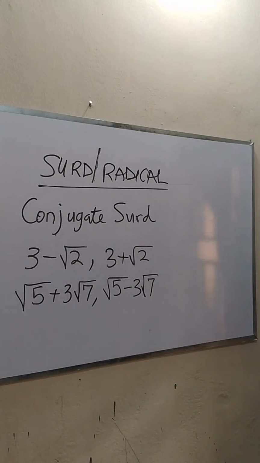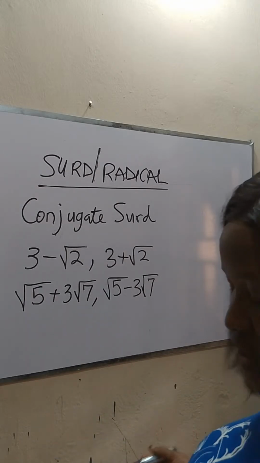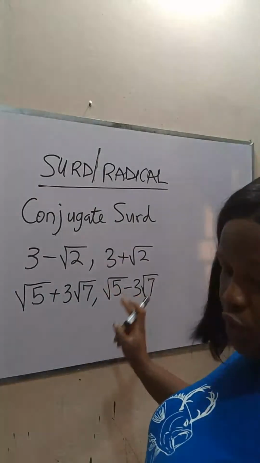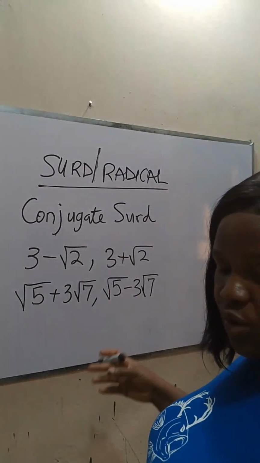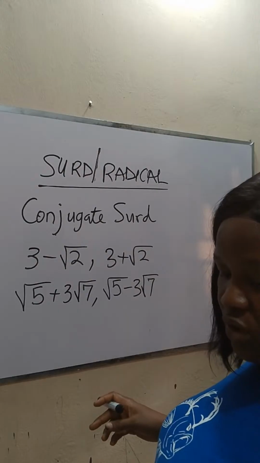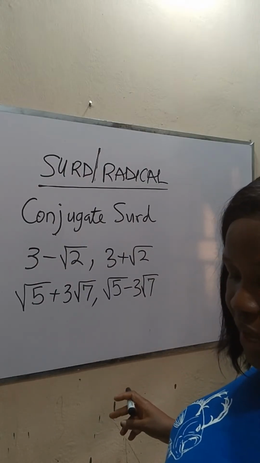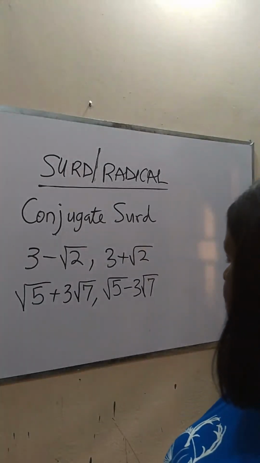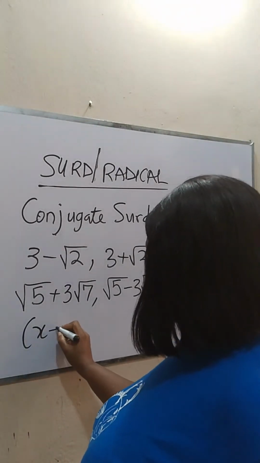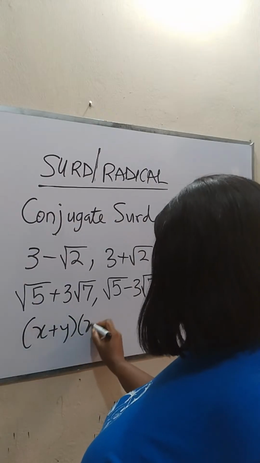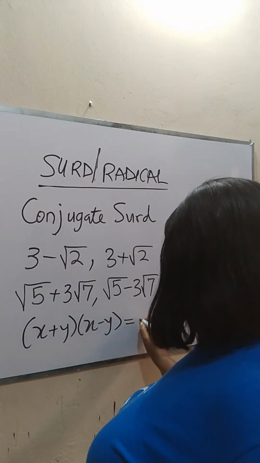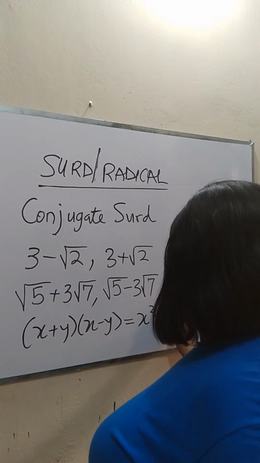If I read out what I wrote about it, I said conjugate surds are 2 surds whose product results in a rational number. In an expression containing difference of 2 squares, it is known that x plus y bracket x minus y is equal to x squared minus y squared.